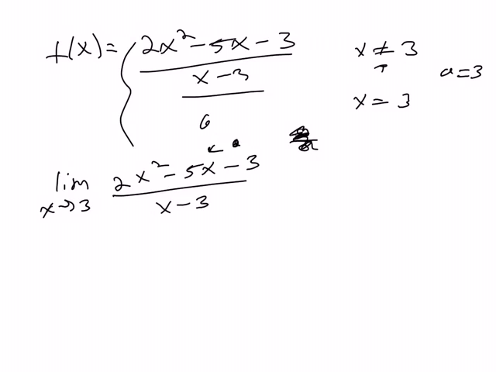So again, I'm assuming that there is something that, if I multiply it by x minus 3, I'm going to get 2x squared minus 5x minus 3, because I assume that they want me to cancel this part with something over here. That was a good assumption.